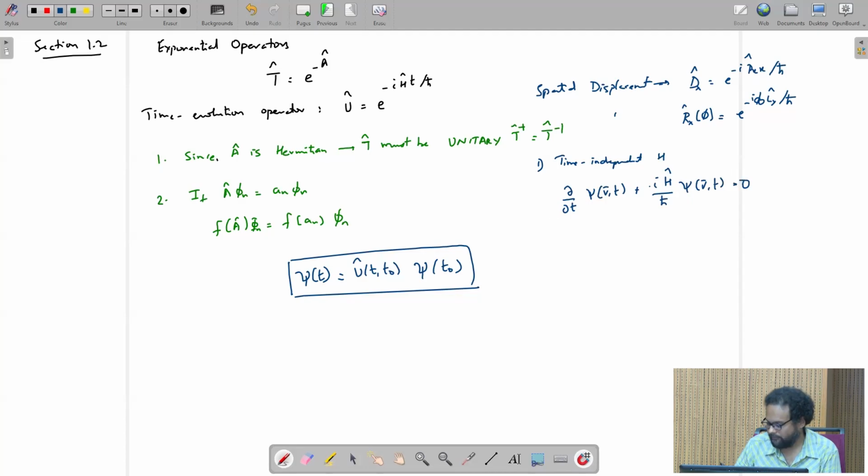Now we define, as we defined earlier, though I haven't shown what U should be, let's say I take my exponential operator to be e to the power minus i H t over h cross. I'm defining this as my exponential operator, so I should be able to expand it out if needed by expanding out the exponential function.